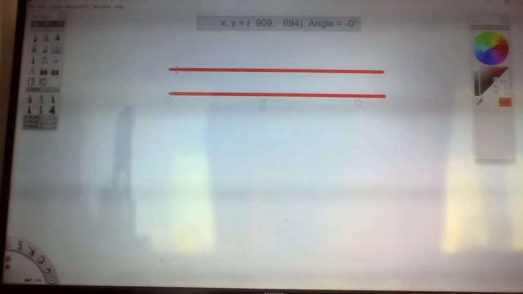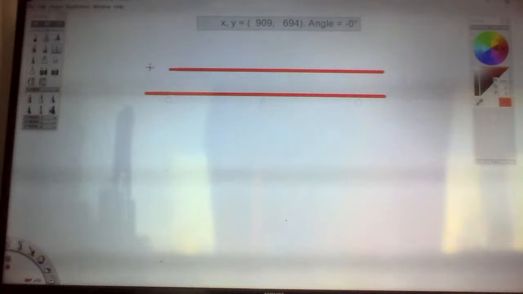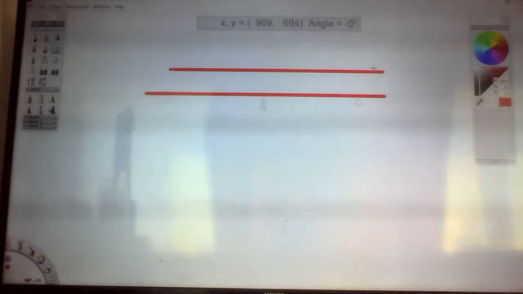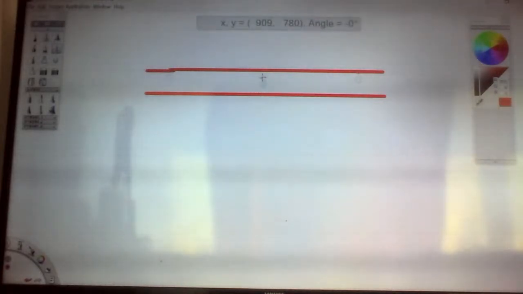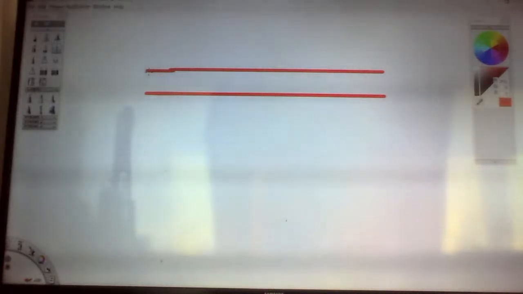So question B, better make it a bit longer. Get rid of that. How many squares are there, or how many rectangles? 1, 2, 3, 4, 5, 6, 7, 8, 9, 10, 11, 12.